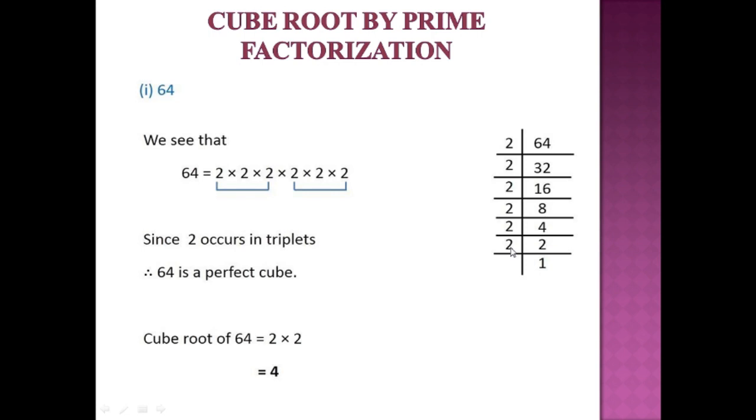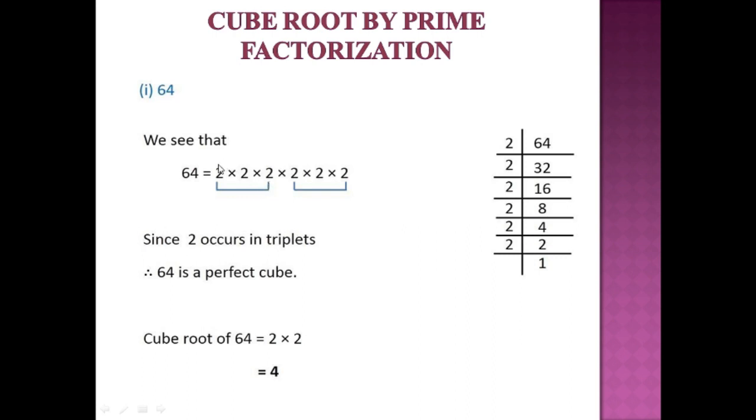6 times 2. Write all the prime factors here and make groups of 3, because we have told you that in cubes we make groups of 3 numbers. This is one group and this is another group. Now what you will do?